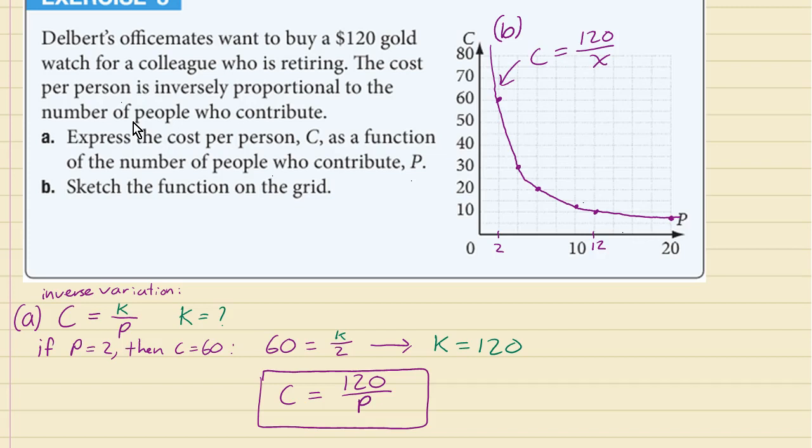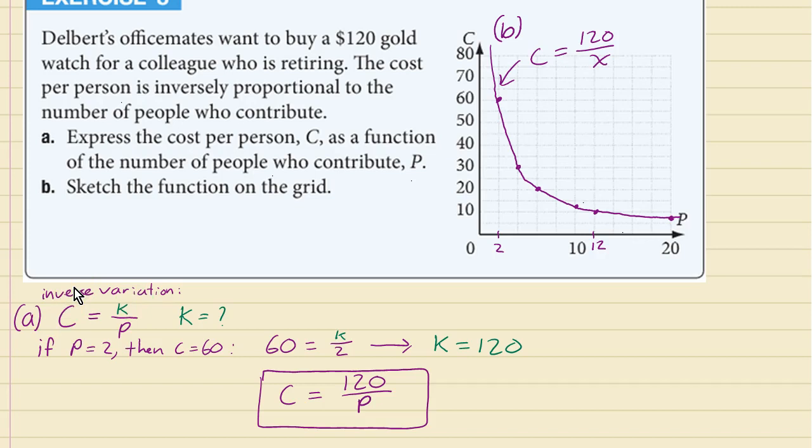Here are my answers. The first one says, well, it's inverse variation. It says that C is inversely proportional to P. So you're going to have an equation that looks like this, but you just have to find the number K. And you might be realizing that, well, just take the total cost of the watch, and that's $120, divided by the number of people paying for it, will give you the cost per person.